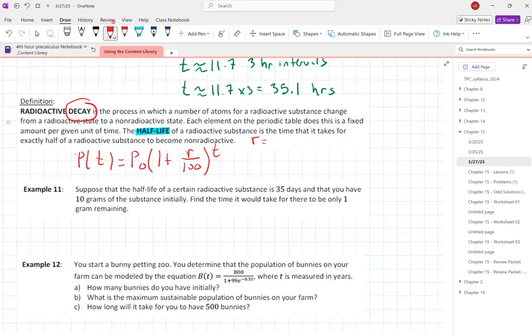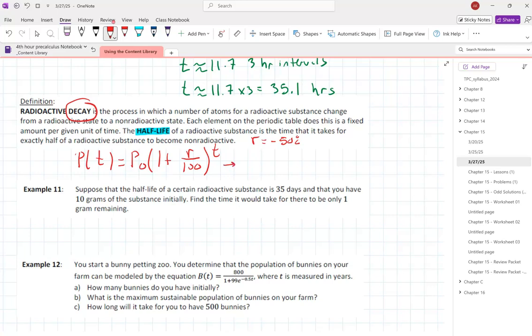If this is radioactive decay, the R needs to be negative 50, right? We need an exponential decay. So 50% is like half off. That's great, but we need to make sure we write it as negative 50%. Everybody okay there?